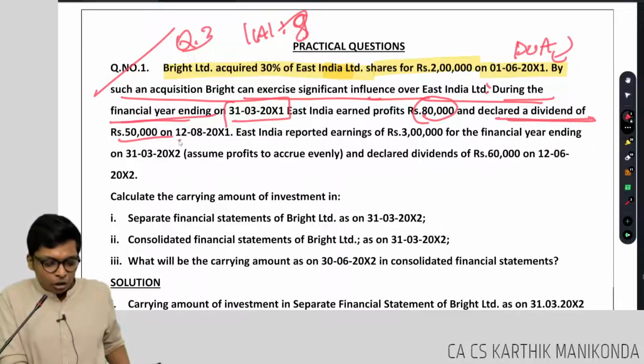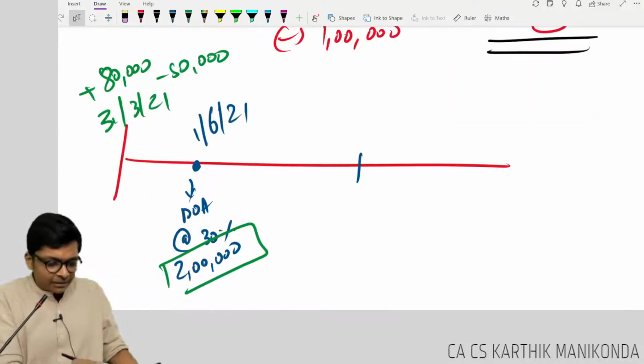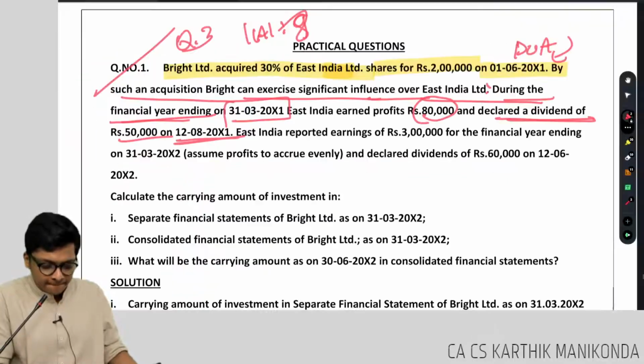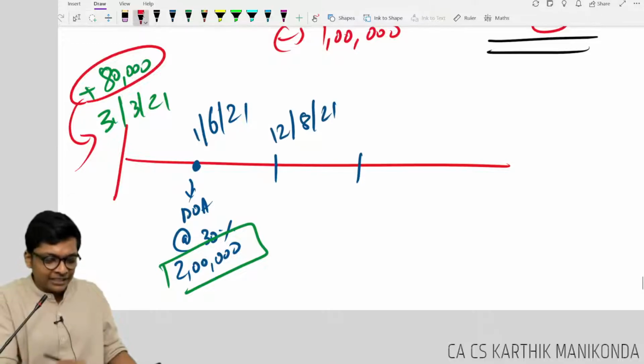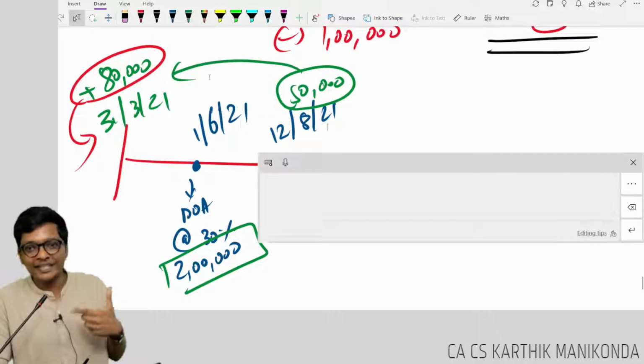Now come back. Declared a dividend on 12th August. So look at this. Let me clarify again. Profit is earned on 31st March. Dividend is declared on 12th August 21. So dividend will come somewhere here. How much, guys? 50,000. But this dividend is from pre-acquisition profits. That's why they gave a sentence like that.